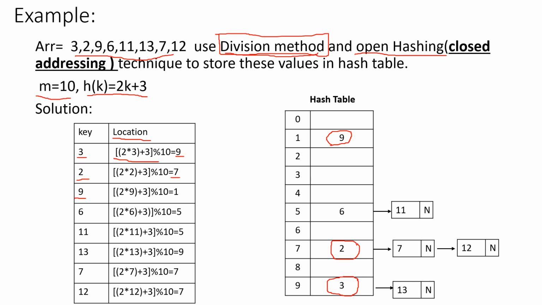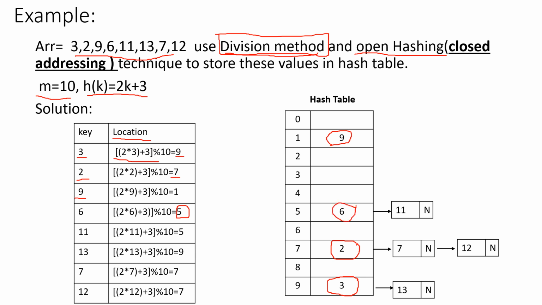Right? Then what will you do? Then if the 6 comes, you do the same process and calculate the index. If you calculate the index, you will get 5. So far no collision has occurred. 3 gets 9, 2 gets 7, 9 gets 1 and 6 gets 5. Then again 6 is going to be stored at the 5th index.